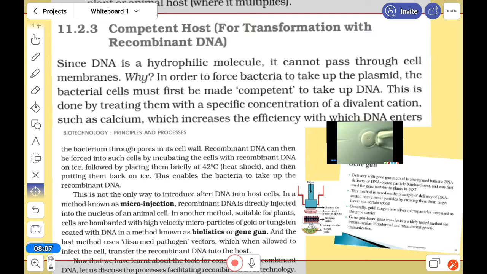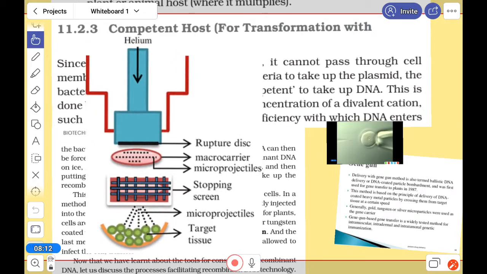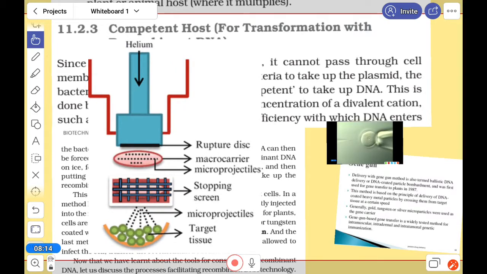Here is the target tissue, and here the gene's DNA is there.